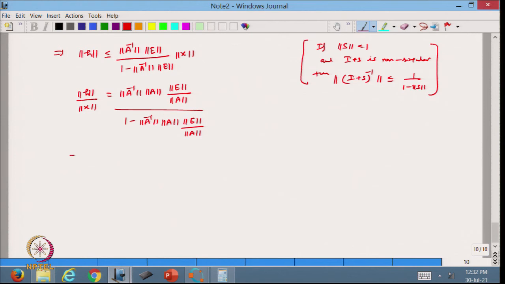Now, from here I can define my H norm over X norm can be written as, so this is the condition number.